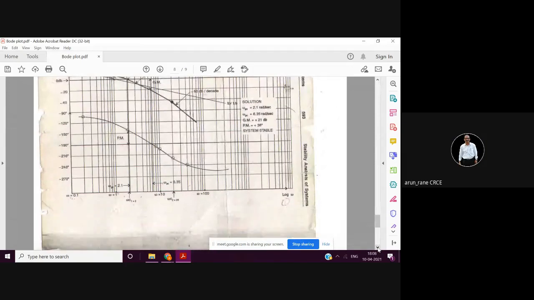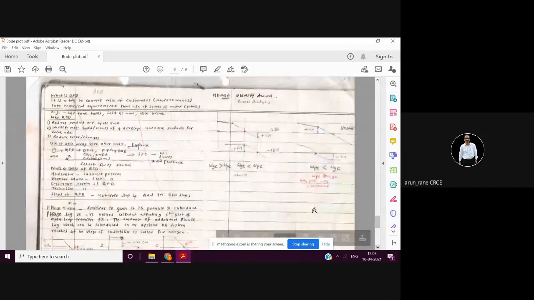So it is like this. Suppose this is positive gain margin, this is positive phase margin. This is the 0 degree line, gain is changing here and phase is changing here. If gain margin is positive and phase margin is positive, the system is stable.